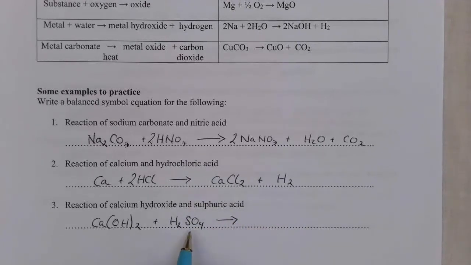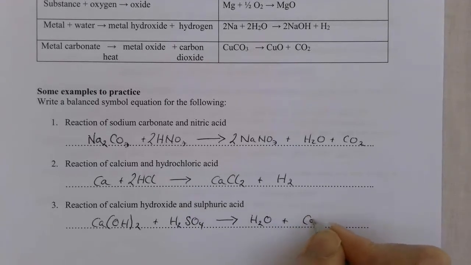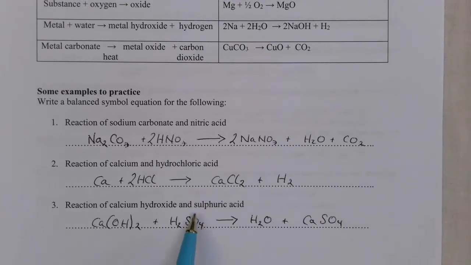This is a hydroxide and a sulfate and an acid, so I'm going to get water and I'm going to get my salt, in this case calcium sulfate. Again, notice I've kept the sulfates together as a polyatomic ion. I just need to balance it now because this will make 2 waters.